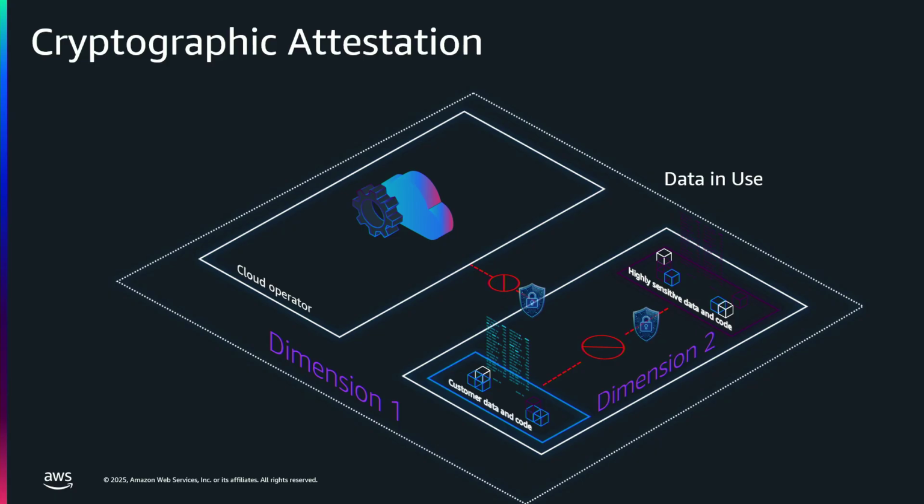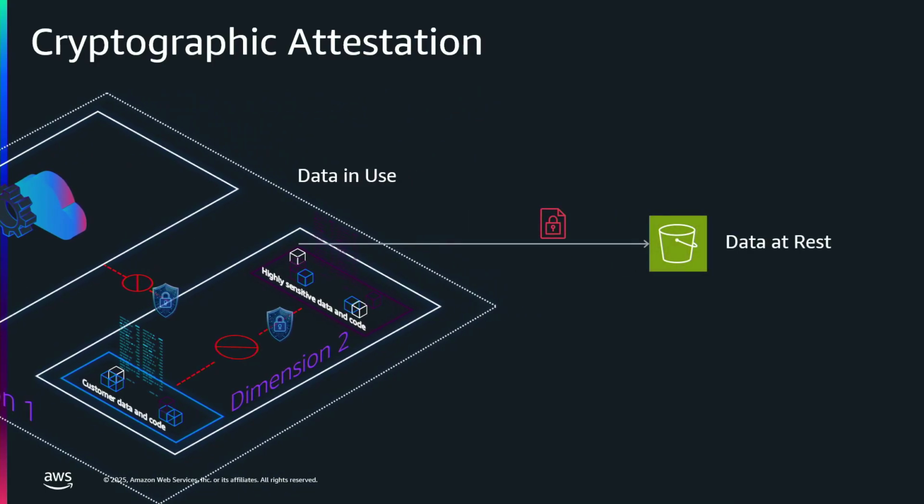So, data in use. The thing we looked at until now is when you are processing data, right? So you have some confidential compute execution environment, and that is processing data. But where does that data come from? You don't breed data out of the air. It needs to come from somewhere. It usually comes from somewhere at rest, or from somewhere in transit, which means you're talking to somebody else live.